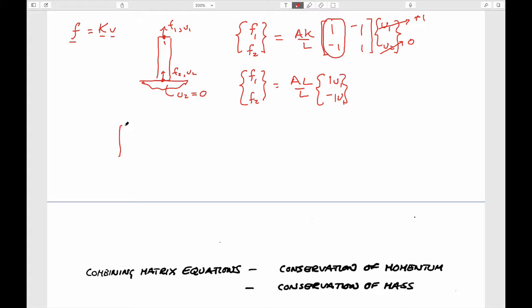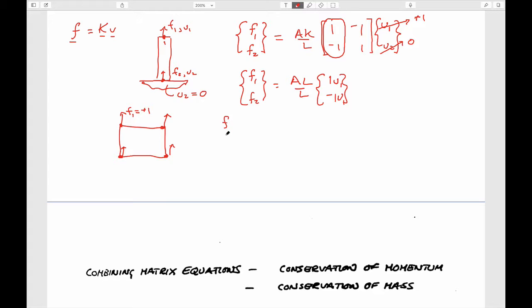Likewise, if you had an element that looked like this, which for instance just had one displacement degree of freedom per node, you would do exactly the same thing. You hold all these nodes not moving, all except for one. You apply a force F1, say equals plus 1.